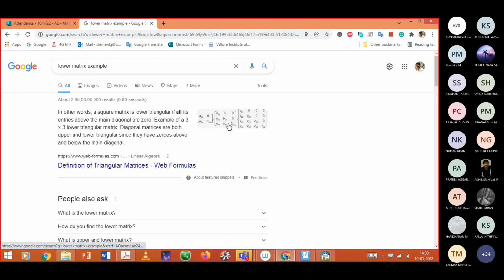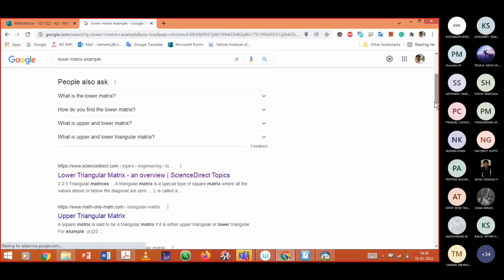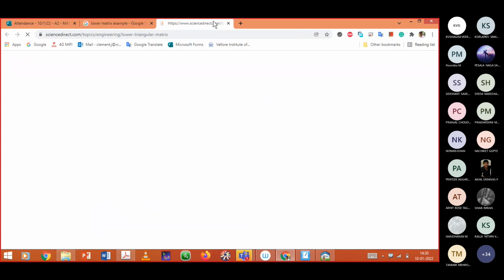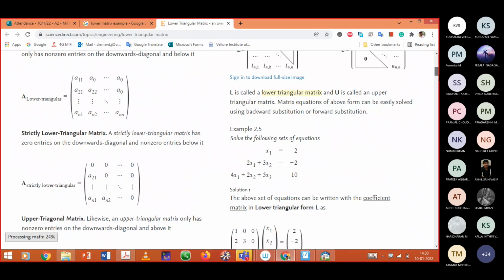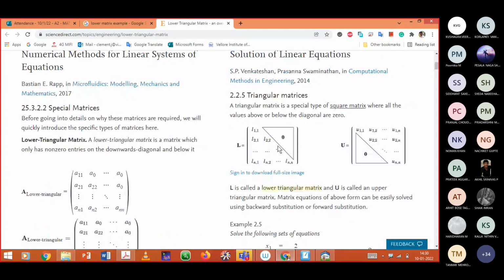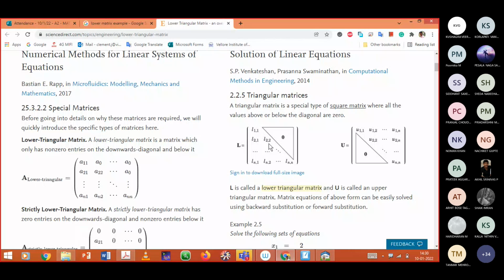Yes, see here. This is L, that means lower triangular matrices, shown in the triangle, and all the other elements are zeros. This is the upper triangular matrix.